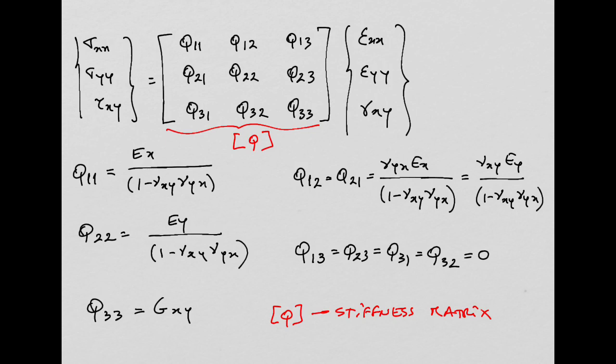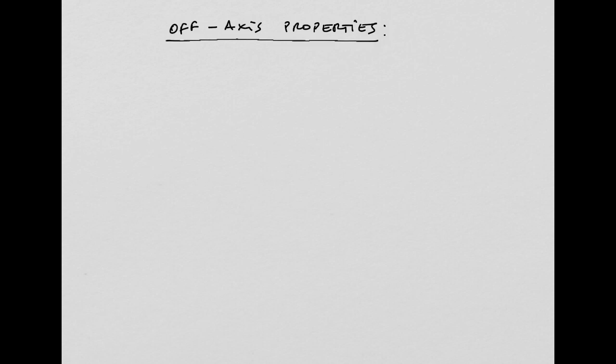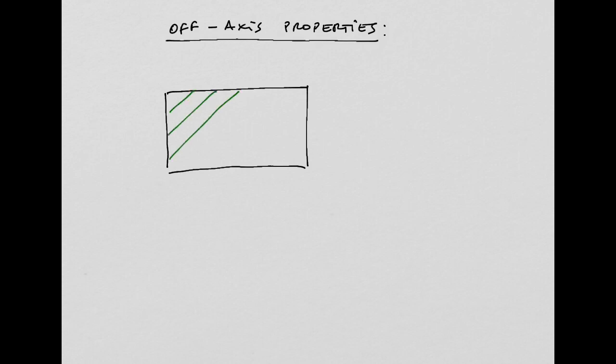We then moved to the off-axis properties of the lamina. Okay, so basically what we did also last week was some revision on stress transformations, remember? So if we have now a lamina or a ply with this generic orientation of the fibers, so this angle, I think it was given like theta last week.